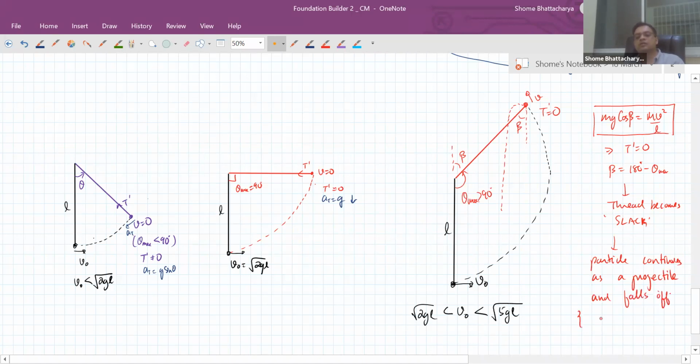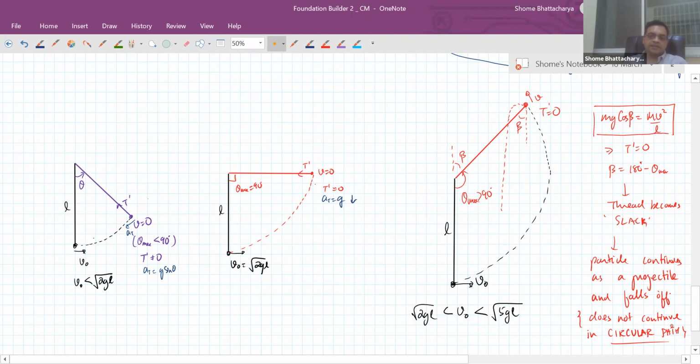It does not continue in a circular path, it goes out of the circular path.